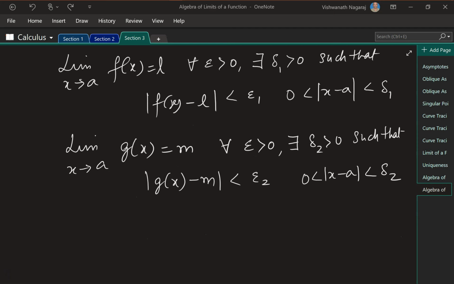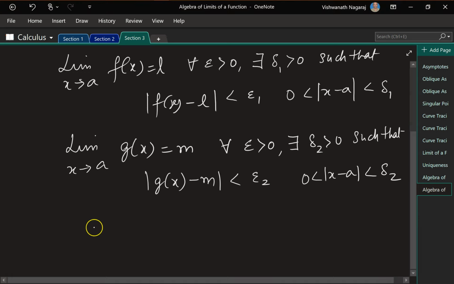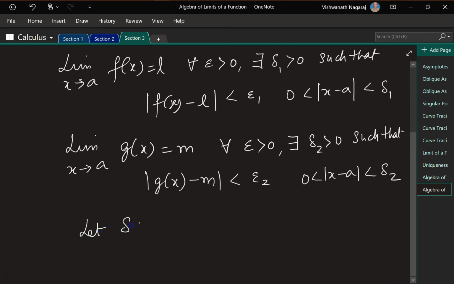Now let's take the minimum of delta 1 and delta 2, because in that case that would be applicable to both of them. So let delta be equal to the minimum of delta 1 and delta 2.